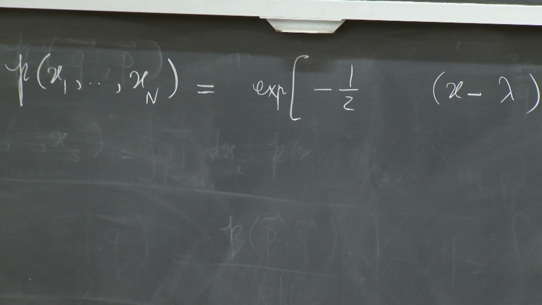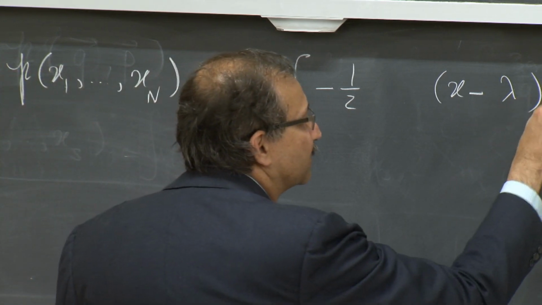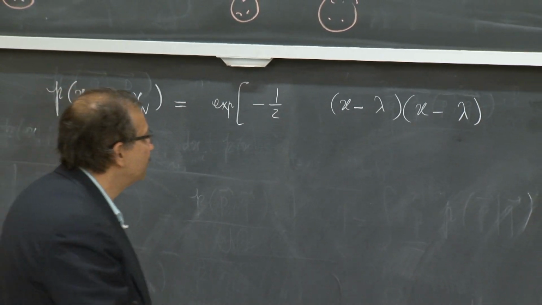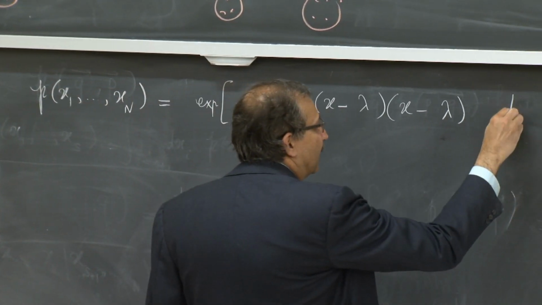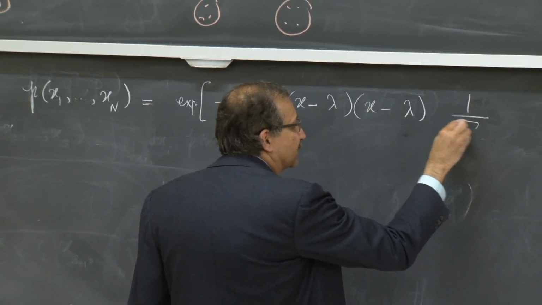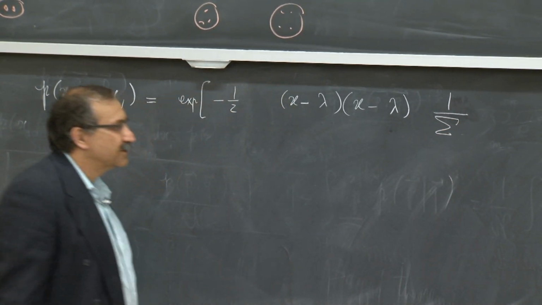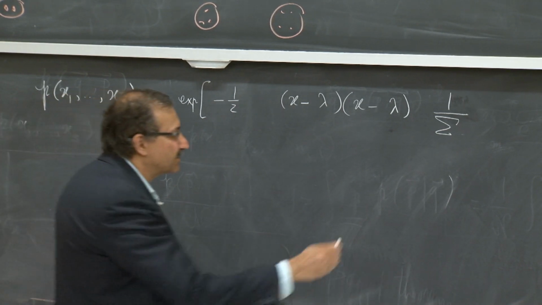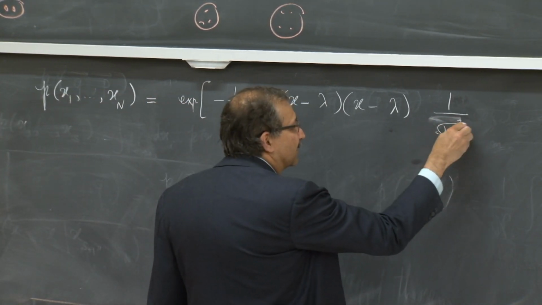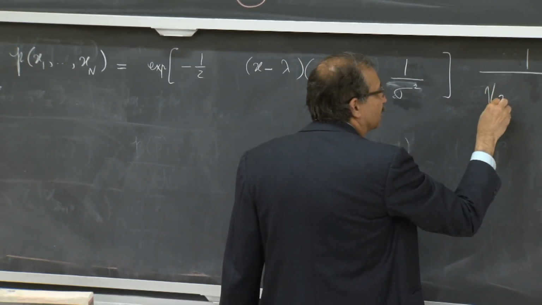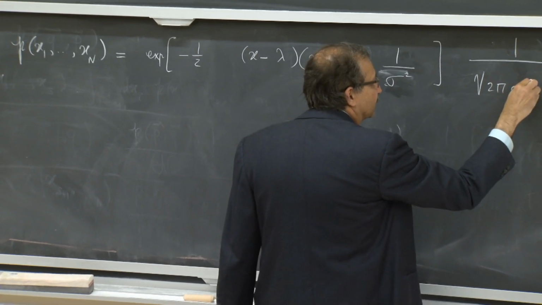I can write this x minus lambda squared as x minus lambda, x minus lambda, and then put the variance, let's call it 1 over sigma squared for the time being. And then the normalization was 1 over root 2 pi sigma squared.